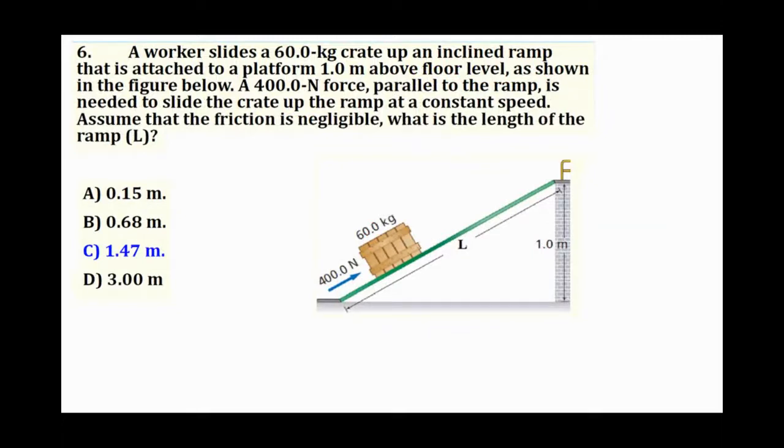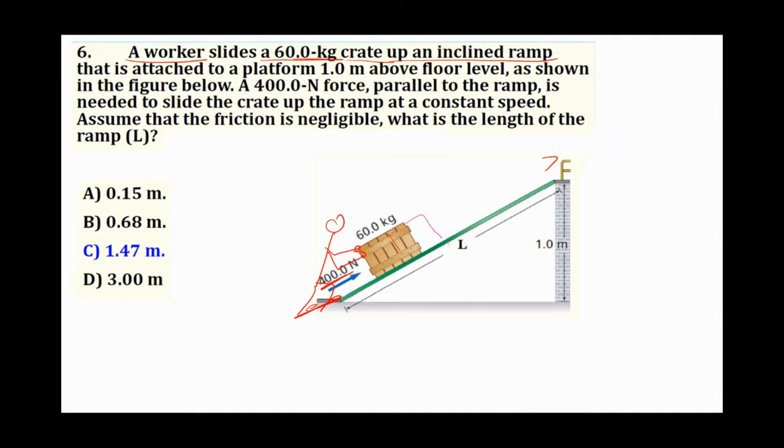Let's discuss this problem. A worker slides a 60 kilogram crate up the inclined ramp. There is some worker. He tries to push this up the ramp by applying a force. This force is 400 Newton.